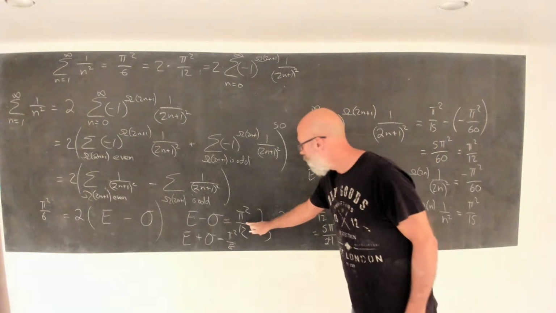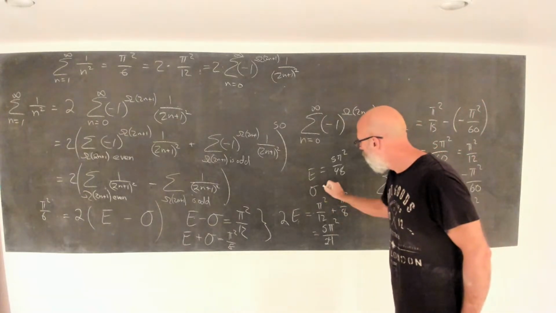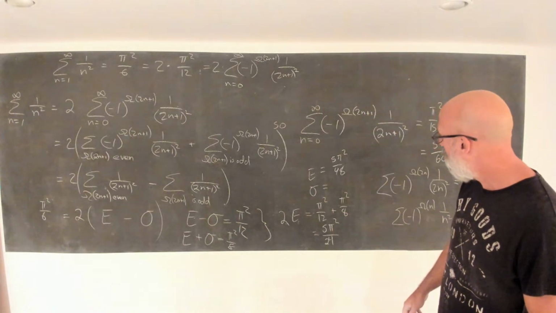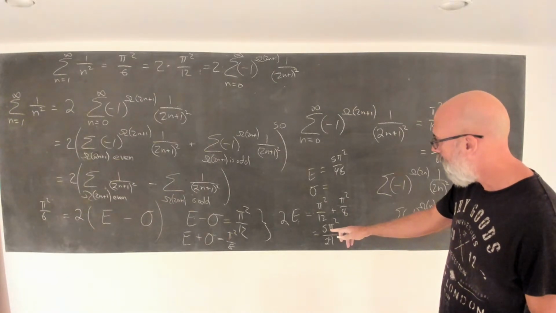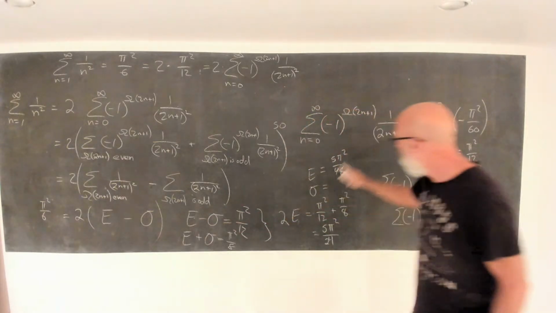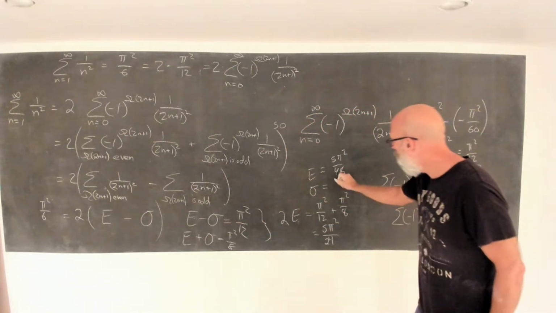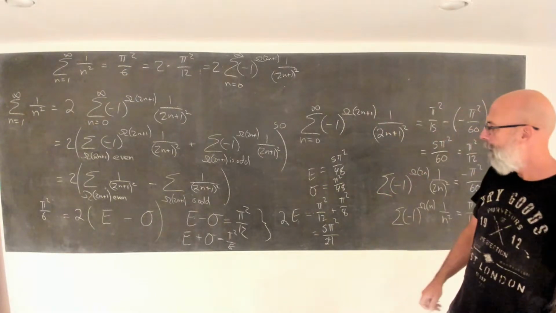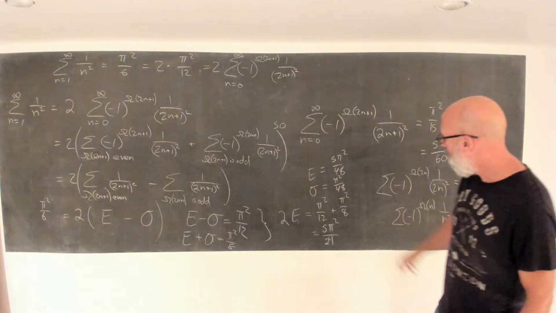And then the difference, well, whatever. Something easy to see here. It's going to be 5 minus 4. So that's pi squared over 48. Is that right?